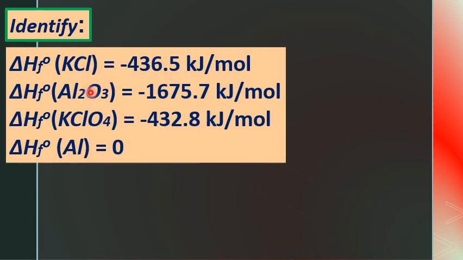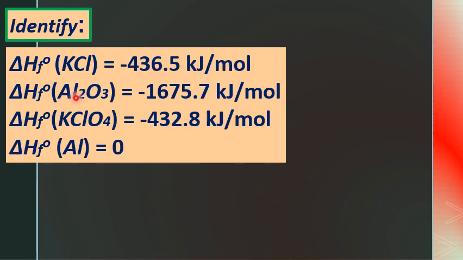So we are given here the standard delta Hf for each of the reactant and the products. For potassium chloride, it is equal to negative 436.5 kilojoules per mole.